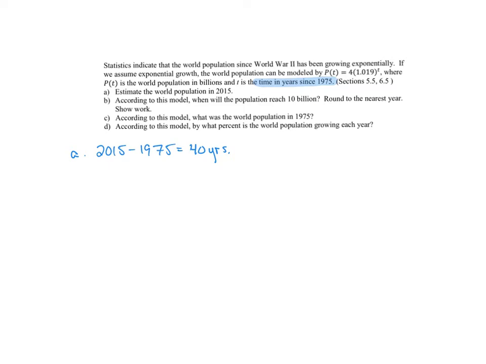We can now plug that into our function. So we get p of 40 equals 4 times 1.019 raised to the 40th.